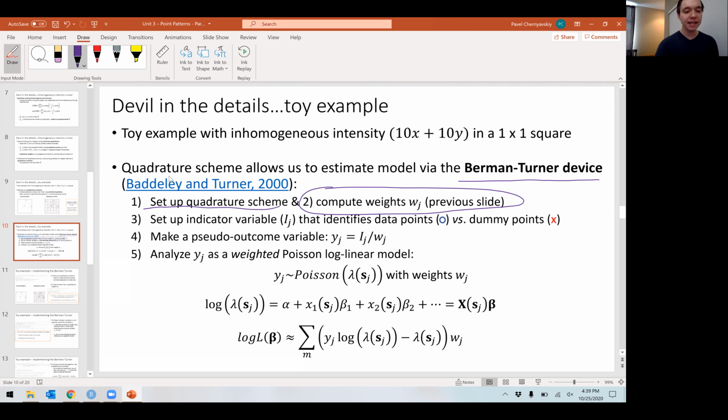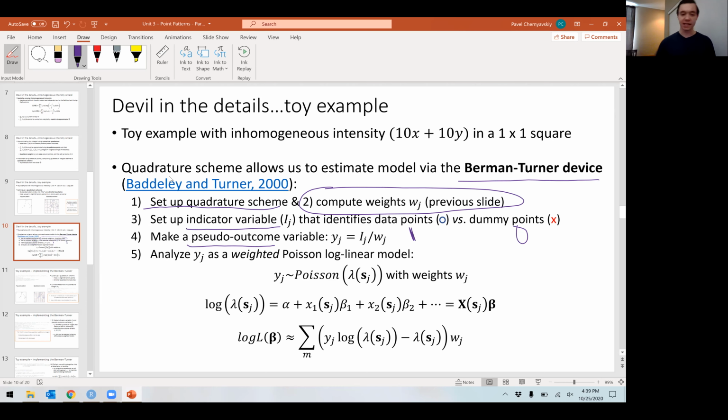I'm going to set up an indicator variable. An indicator variable is something that only takes on a value of 0 or 1, that identifies data points as a 1 and dummy points as a 0. Then I will make what I call a pseudo outcome variable. So we just saw that we're going to analyze something representative of empty space, which is the dummy points, and the filled in space, which is the points you went out and collected.